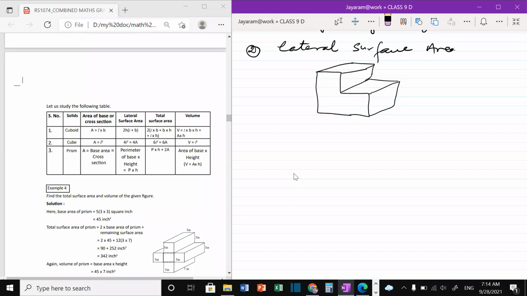Now, I need to talk to one person here. Romeo Thapa. Yes, sir. Do you know about net of solid? No, sir. Okay. I want to make it clear.